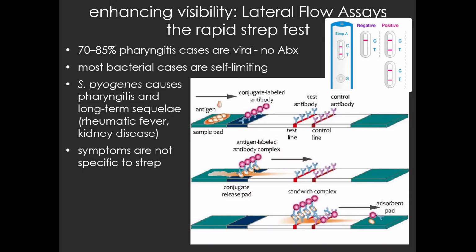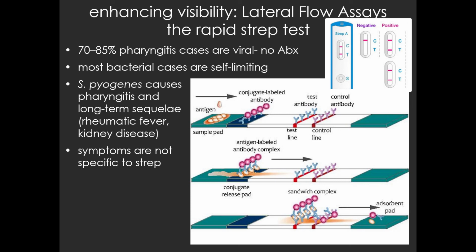One final and really cool immunological assay is something called a lateral flow assay, which enhances visibility by conjugating antibodies to a pigmented molecule. And this one's used diagnostically in order to determine whether or not a person who has pharyngitis has streptococcal strep throat caused by Streptococcus pyogenes.